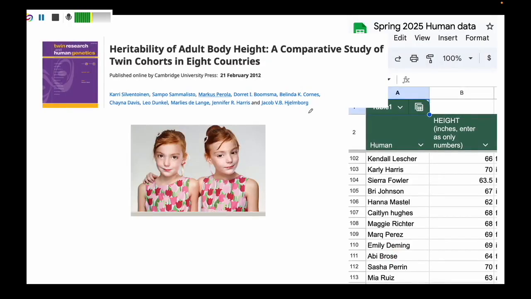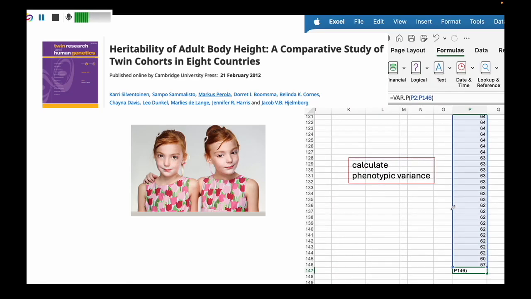Okay, I wanted to mention that to give our students experience in calculating variances, we take advantage of the tools in Excel. So if you've got a file that you can create into an Excel file, you can actually calculate your phenotypic differences using some of the tools that Excel provides.